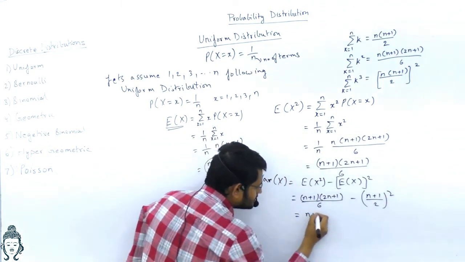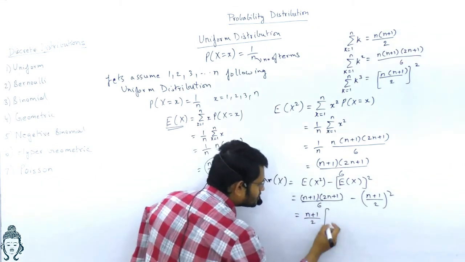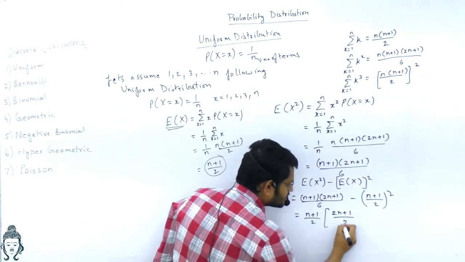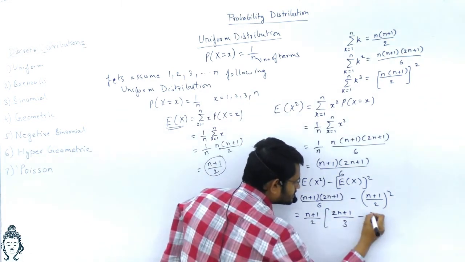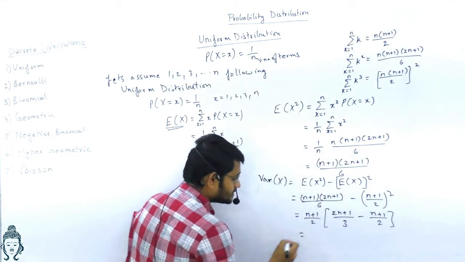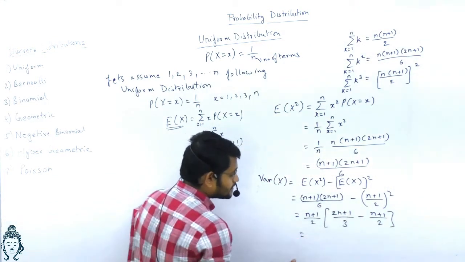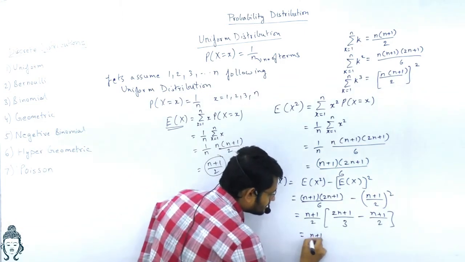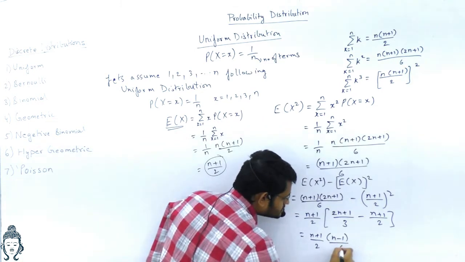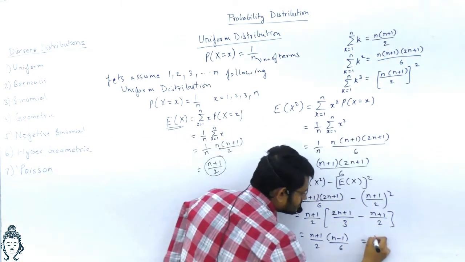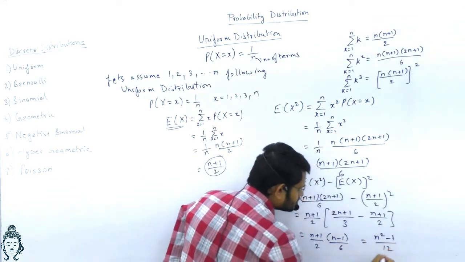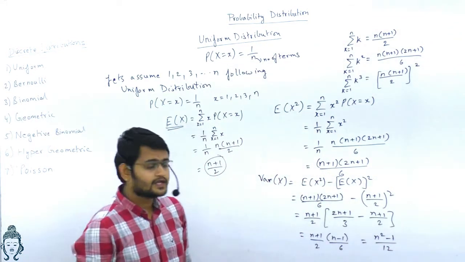I can take n plus 1 by 2 common from both of these terms, and I am left with 2n plus 1 by 3 minus n plus 1 by 2. And if you cross multiply, you are going to get n minus 1 by 6, or this is nothing but n square minus 1 by 12. So this becomes our variance.